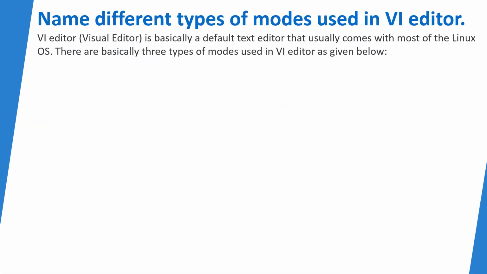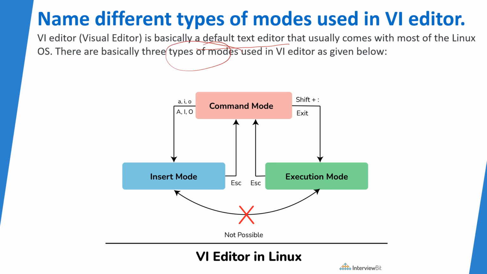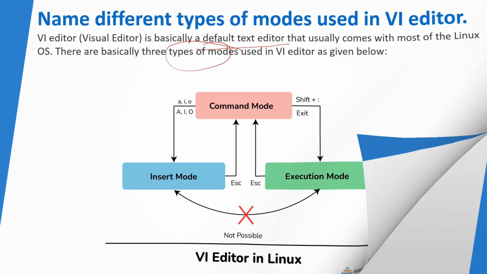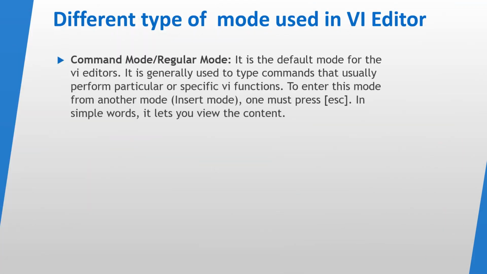then different types of modes used in VI. Okay, VI is a feature-rich editor, basically a default text editor that usually comes with most of the Linux distributions. There are basically three types of modes used in VI.